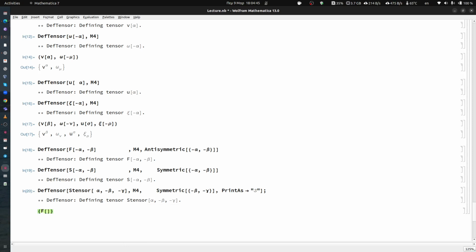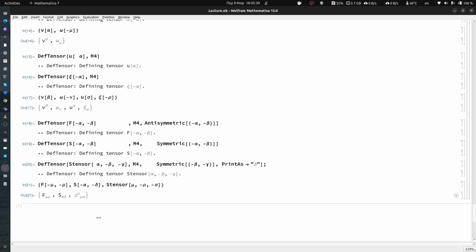And then you can write expressions with those tensors: minus mu, minus rho, S, minus alpha minus delta, and xTensor, u, minus rho minus sigma.